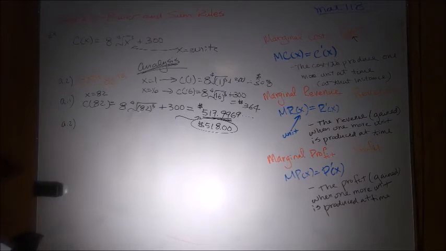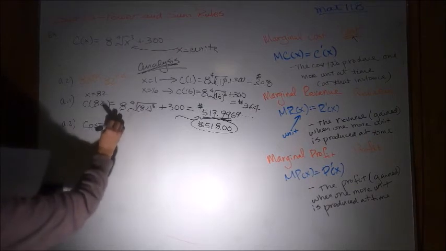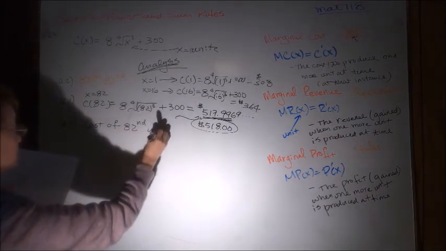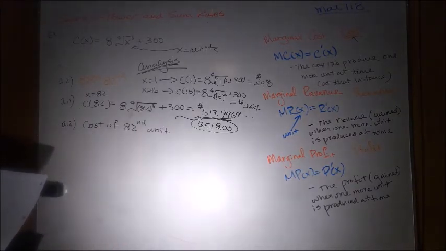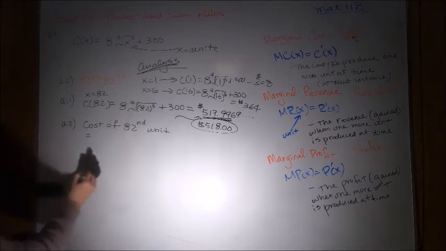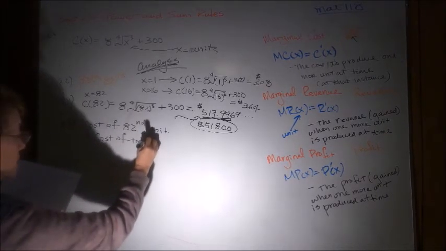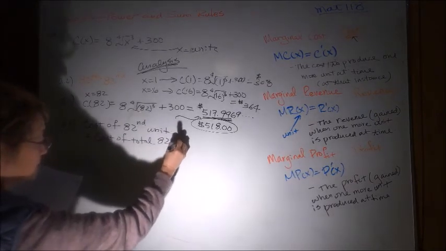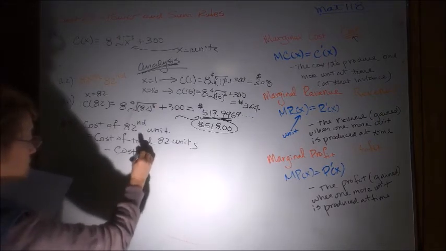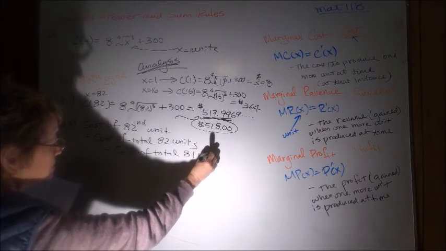So the cost of the 82nd unit is the total cost of 82 units minus the total cost of 81 units.